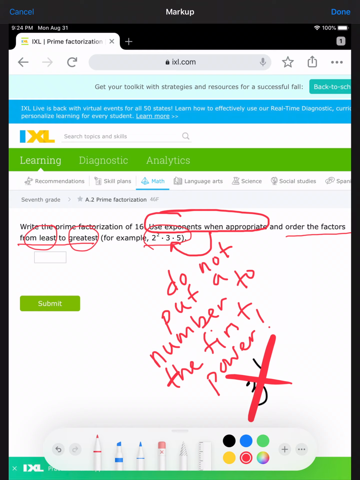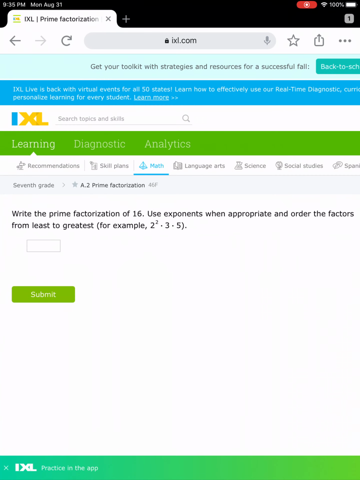And then the last thing is this, and that's, I'm going to show you the actual skill. So when you get in, it says write the prime factorization of 16. Use exponents when appropriate and order the factors from least to greatest.